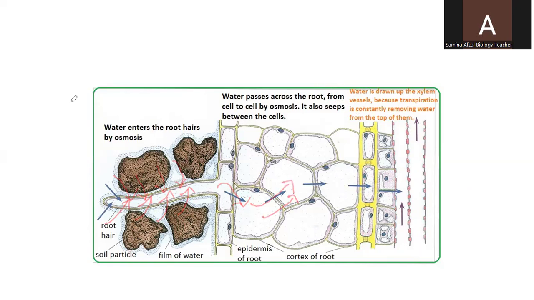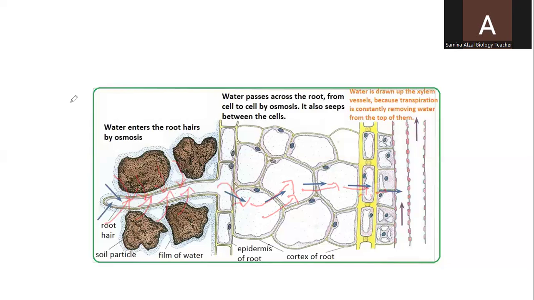Then from the cortex of the root, the water will move towards the xylem vessel, as the xylem vessel will have lower water potential in comparison to the cortex of the root. So water will move from its higher water potential towards the lower water potential, and then it will enter into the xylem vessels.